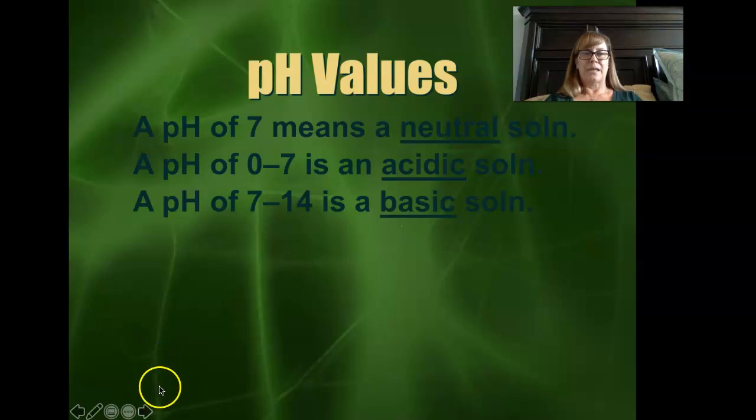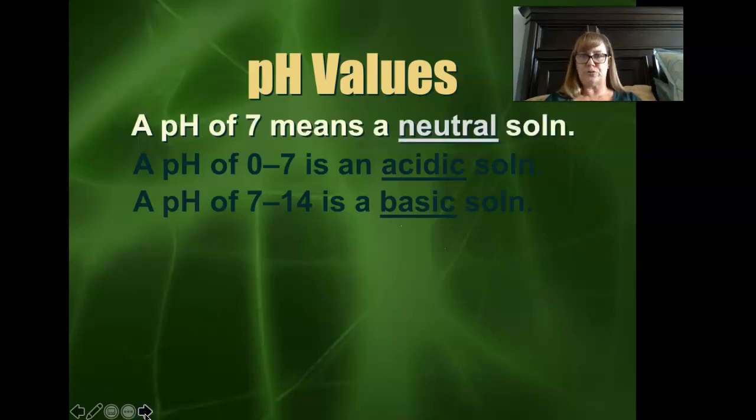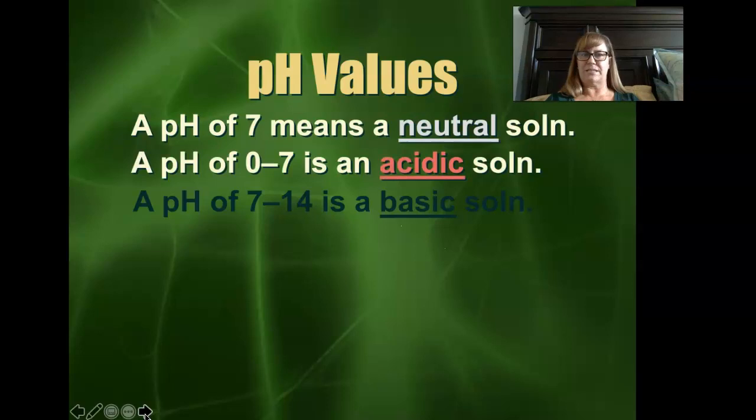Good job. So what do these values mean? Well, we already said that if you have a pH of 7, just like water does, this is considered neutral. If, however, you have a pH that's less than 7, so from 0 to 7, this is considered an acidic solution. So low pH values actually mean high concentrations of hydronium, which means lots of H's, lots of protons being donated.